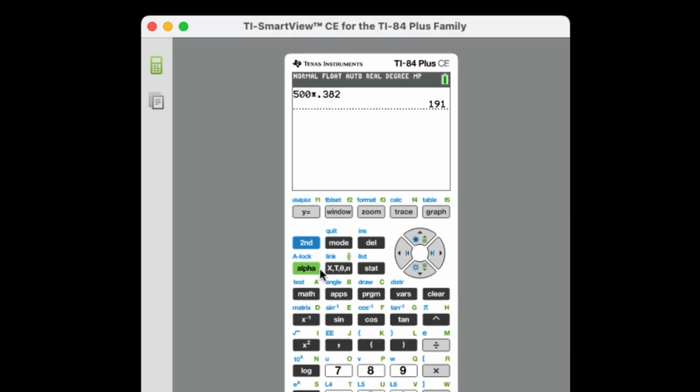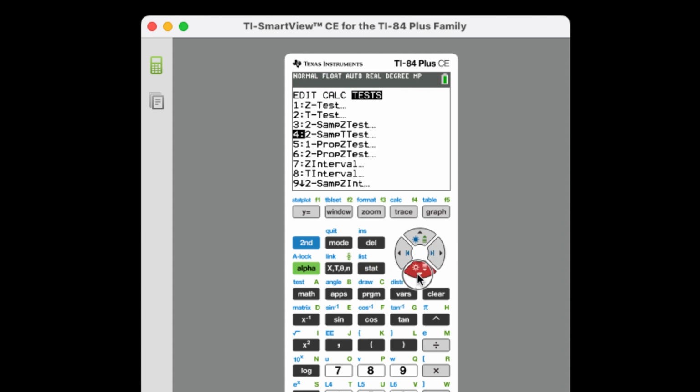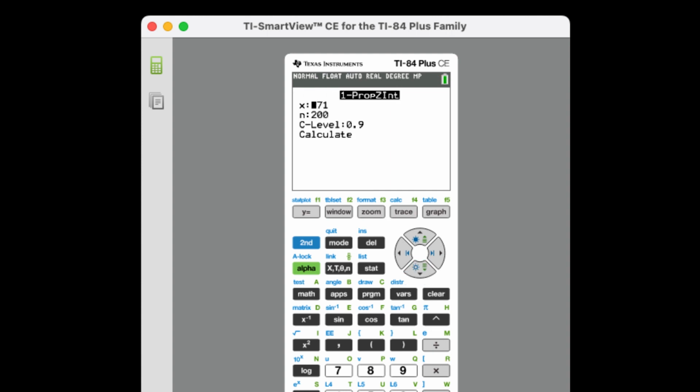What do you guys go to now? Stat, test, go down to 1 proportion Z interval. What is X? Good job. What is N? Good job. What's your confidence level? 0.95. Are we okay? And then hit calculate.